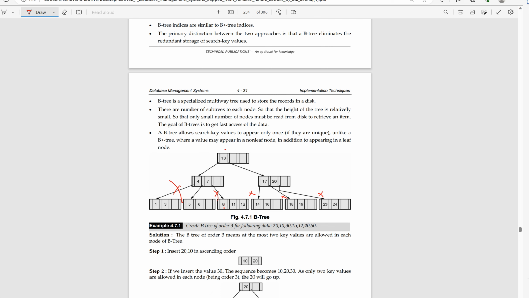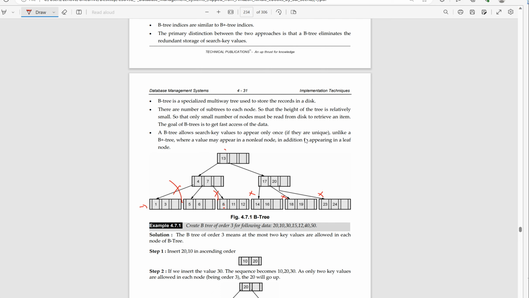Here, suppose I want 17, if I come to the leaf node, the 17 will not be here. So in the B tree, you cannot take all the elements in a single pass. If you want 17, you have to visit 13 and then go to 70.